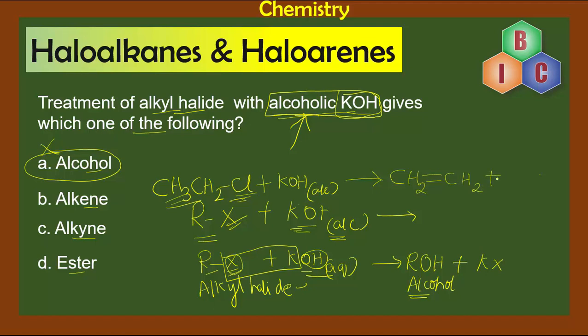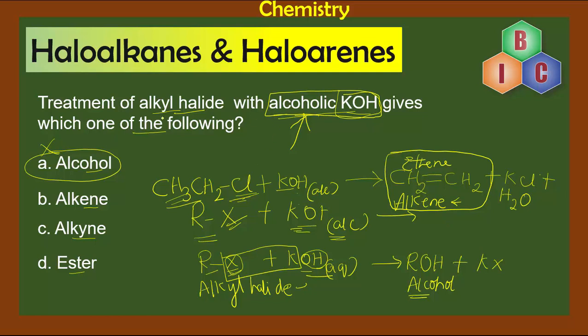Along with that, what are we going to have? K will react with Cl and give us KCl, and the OH will react with the hydrogen coming out, resulting in the formation of H2O. So what's the product we got there? We got an alkene, and the name of this alkene is ethene. The product obtained in this example is ethene, and it is a member of the alkenes.